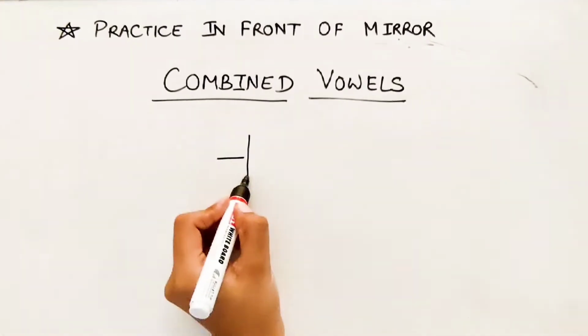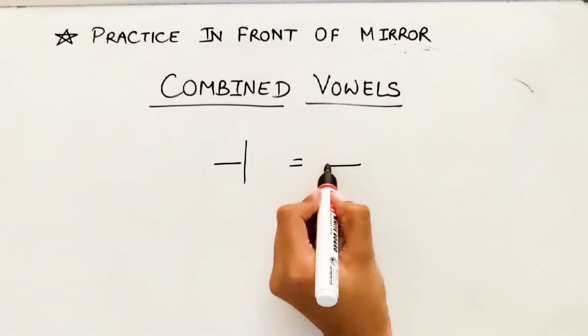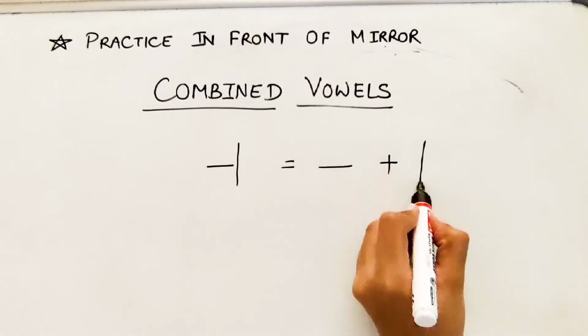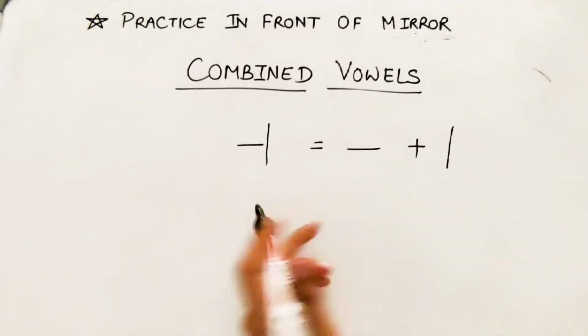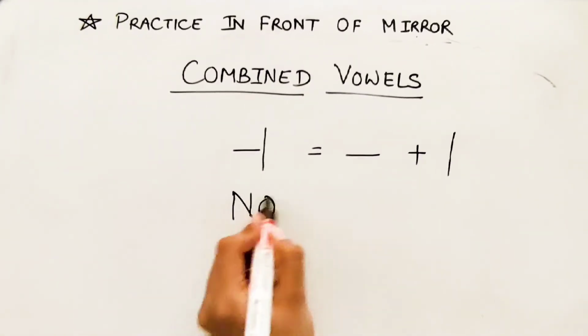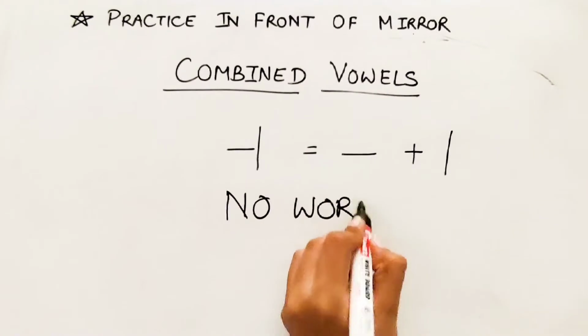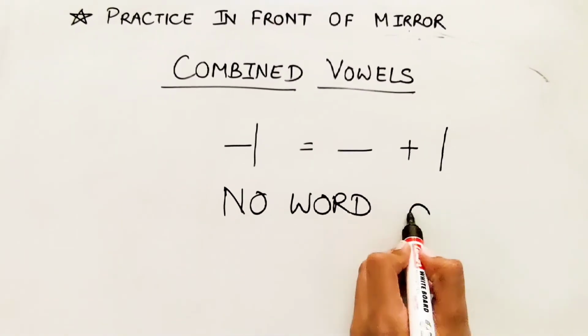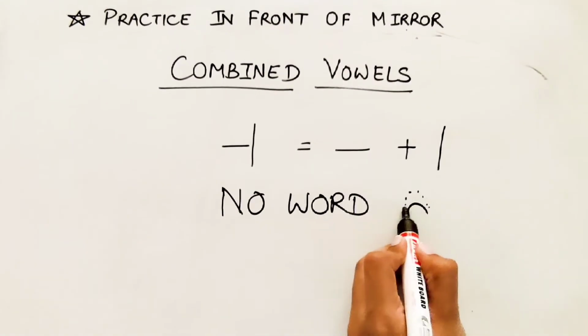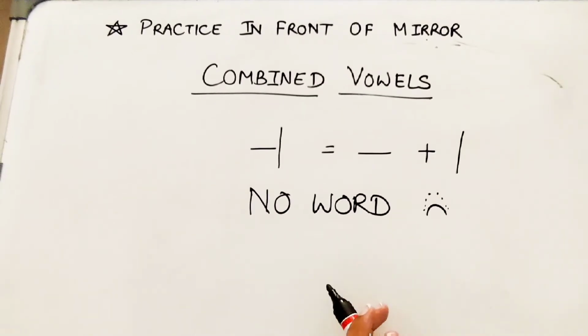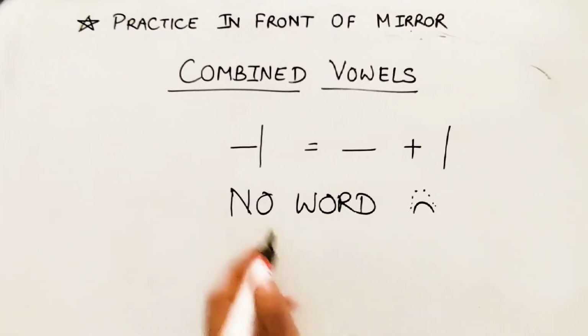Let's move on. The next vowel is very difficult for beginners. It was for me. It's the combination of U and I. I'm very sorry to say, guys, even though I tried finding a word, there seems to be no word in English which I could use to remember the sound of this vowel.